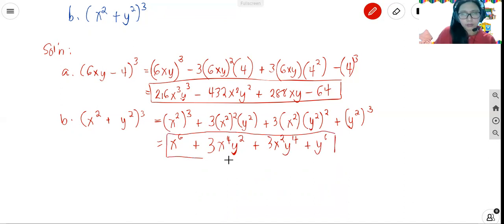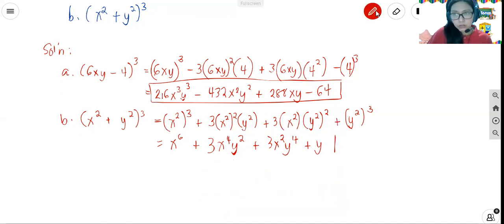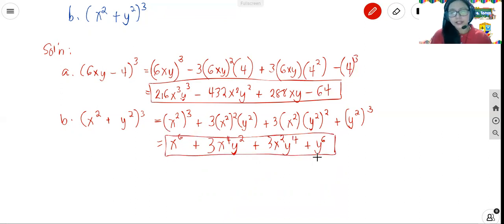I hope you were able to get this answer. And again, if you need to go back to the beginning of this discussion, you may do that. Then you can practice solving. You can give your own example, then solve it on your own based on what we have discussed.